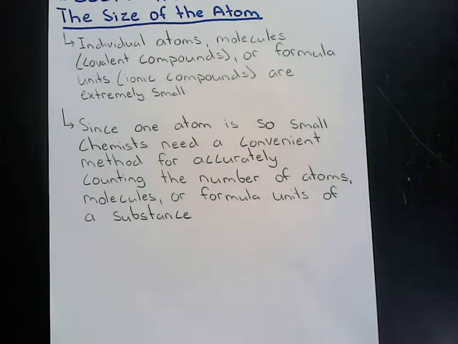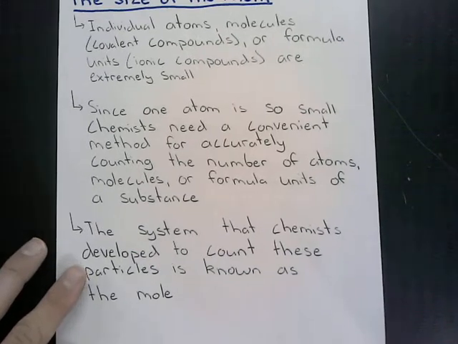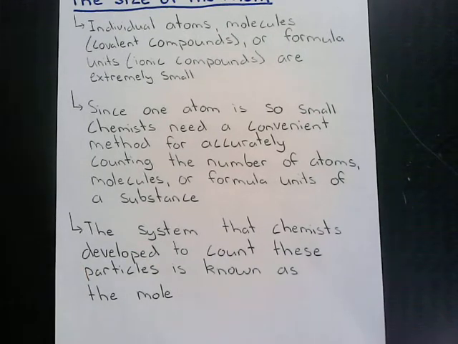It's not like you can take a set of forceps and pick out the atoms. They counted these particles in a unit known as the chemical mole. So atoms, formula units, and molecules are really small, so we need a convenient way to count them, and that's known as the mole.